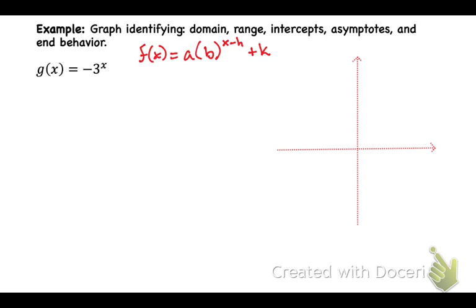So, can we use a table around... Well, you can, but I want you to reason through it. It's a sketch, right? We know the parent function goes through what point? 0, 1.